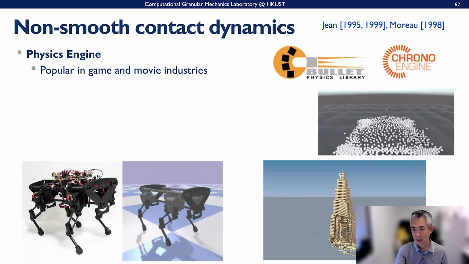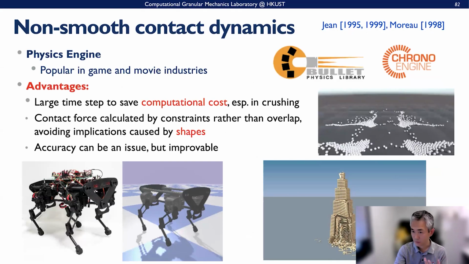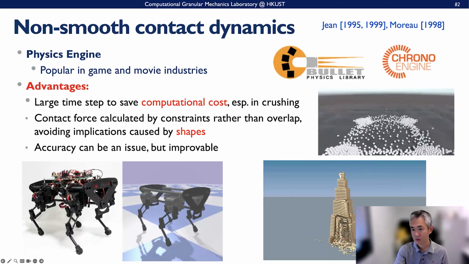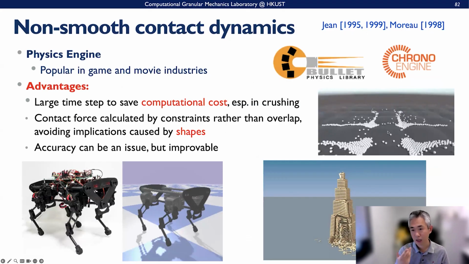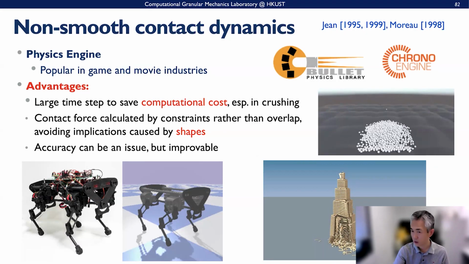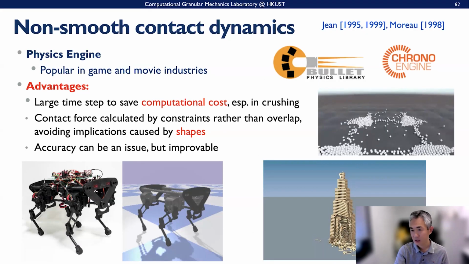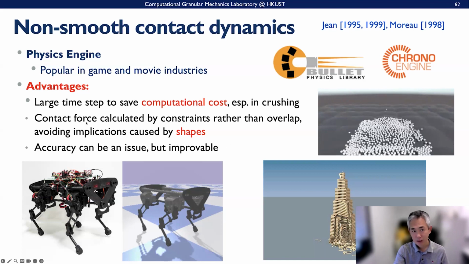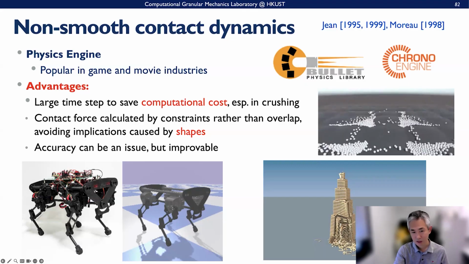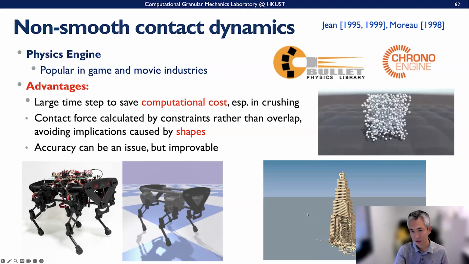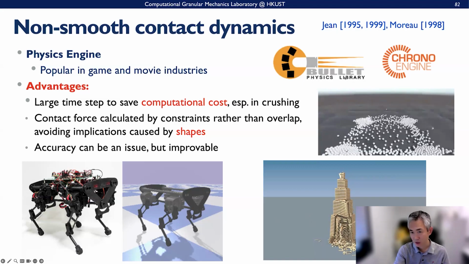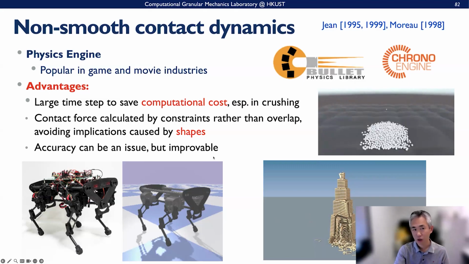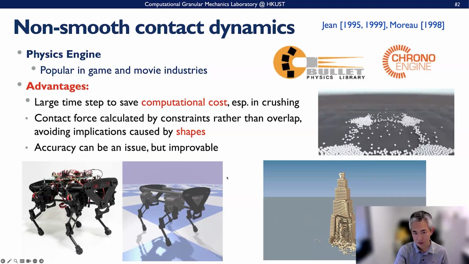Non-smooth contact dynamics has been widely used in other fields, for example, the game industry. A lot of games want a physics engine that looks realistic but is more efficient, so they use NSCD. Popular physics libraries like Bullet or the Chrono engine are typically based on non-smooth contact dynamics.